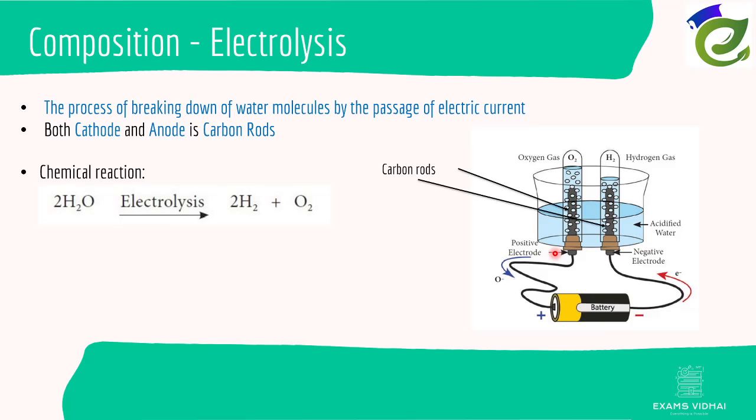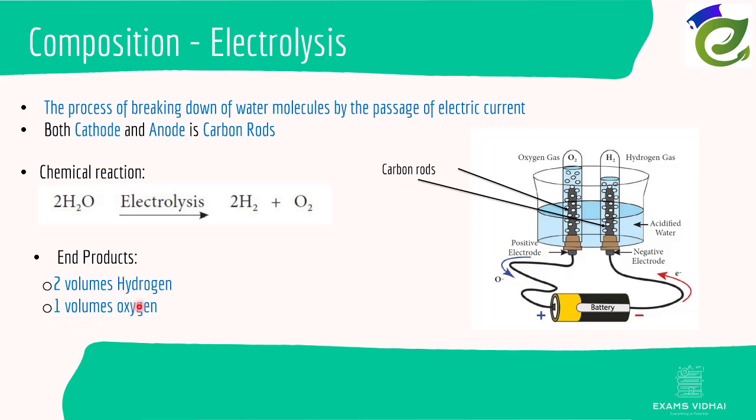Now the chemical reaction that is happening here is, first, like I said, H2O, dihydrogen monoxide, is the chemical name for water. And now water, in the process of electrolysis, will break down into hydrogen gas and oxygen gas. The end products are 2 volumes of hydrogen and 1 volume of oxygen.